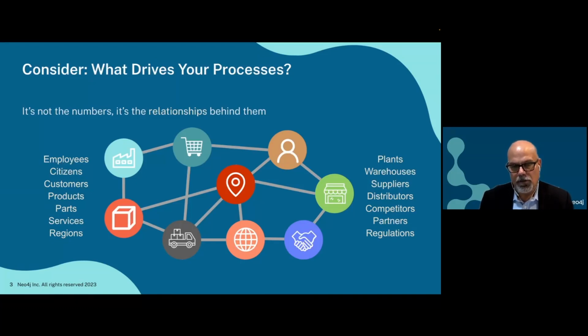And of course, you're going to be operating in some kind of regulatory environment. And so your ability to manage your supply chain, optimize it, understand its condition, its dependencies, its vulnerabilities, and resiliency all depends on knowing how these different types of entities are connected. And often you need to know those connections and those statuses in real time.